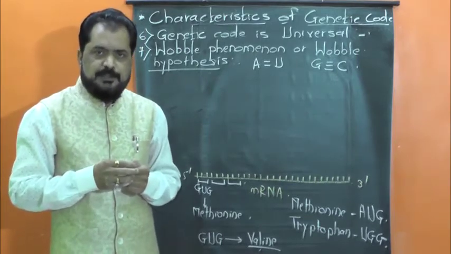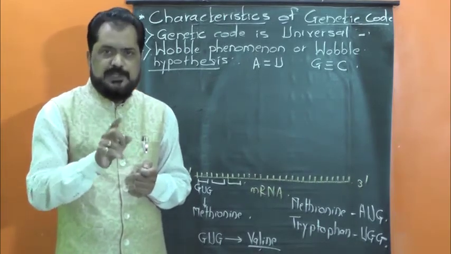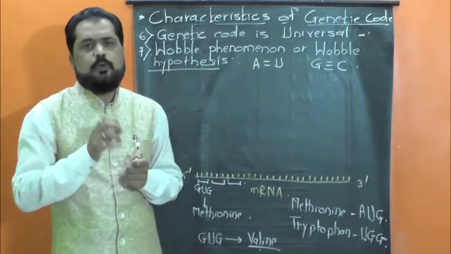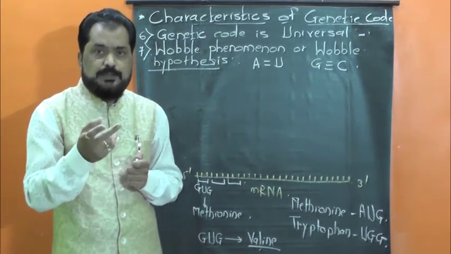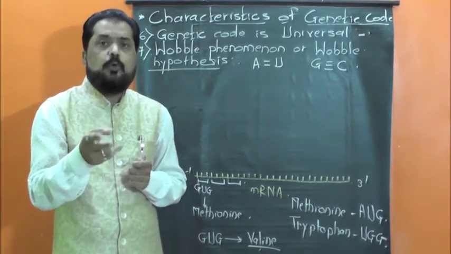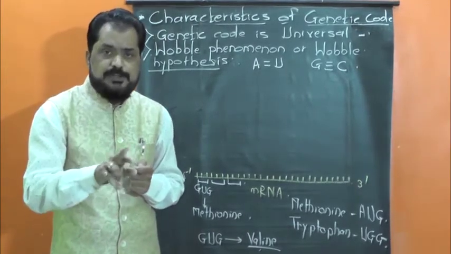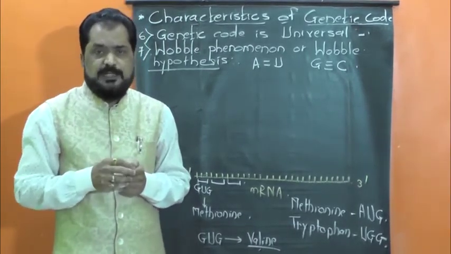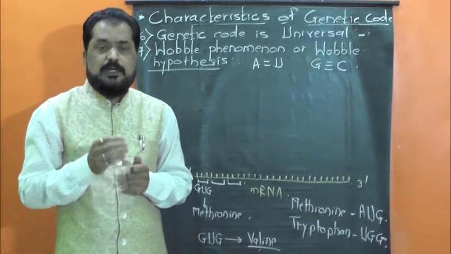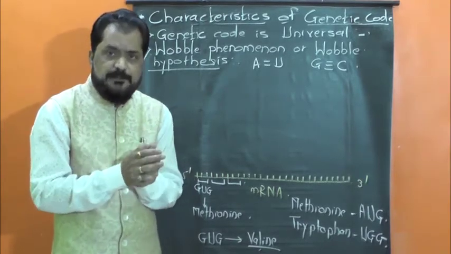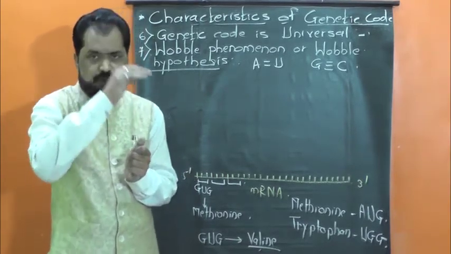I said that the ability of transfer RNA to form pairing with more than one different type of codons in messenger RNA is due to the unusual base pairing at the third position.